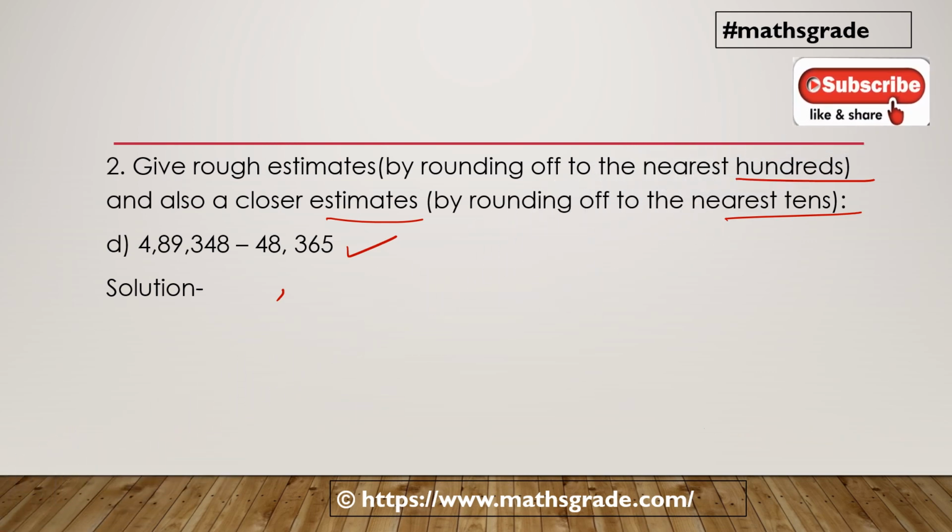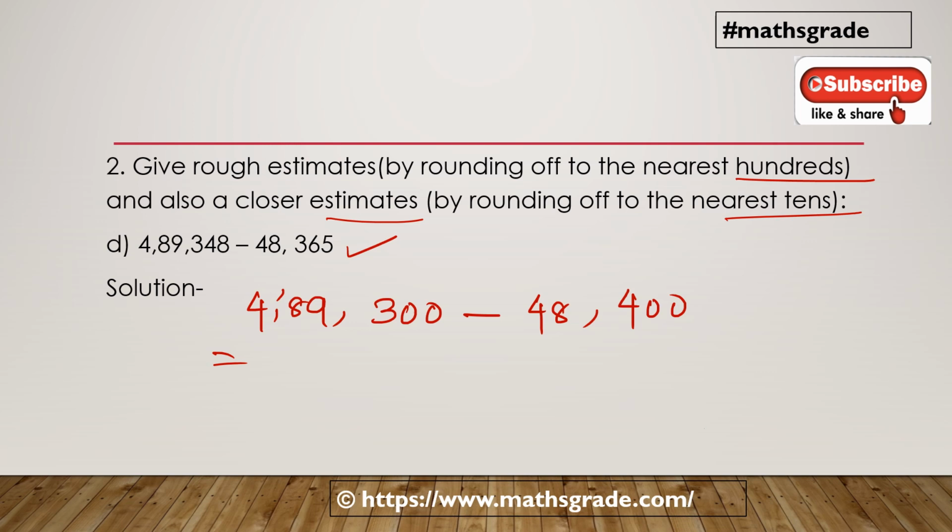Now 4,89,348 rounded off to the nearest 100 we got 4,89,300, minus 48,365 rounded off to the nearest hundred we got 48,400.